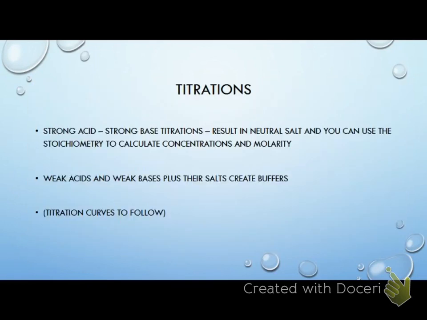Okay. Before we get into buffers, let's talk just real quickly about titrations. I'm going to give you a thing later on about titration curves because they like to show you titration curves maybe in the multiple choice and ask you questions about them. So remember, if you got a strong acid, strong base, you got a neutral equivalence point, so your endpoint equivalence point would be exactly 7.